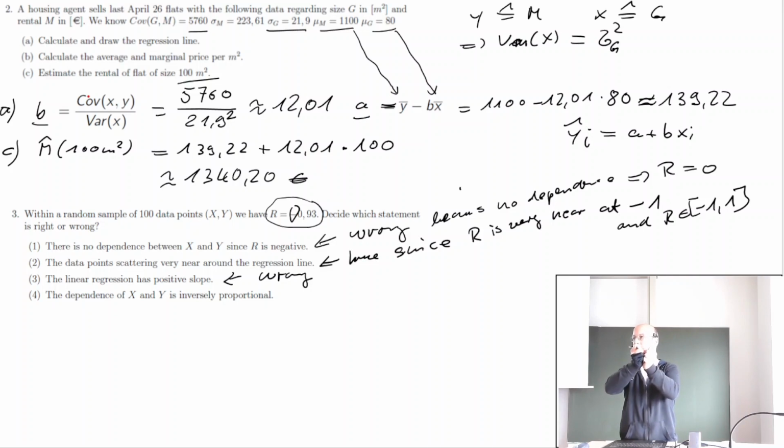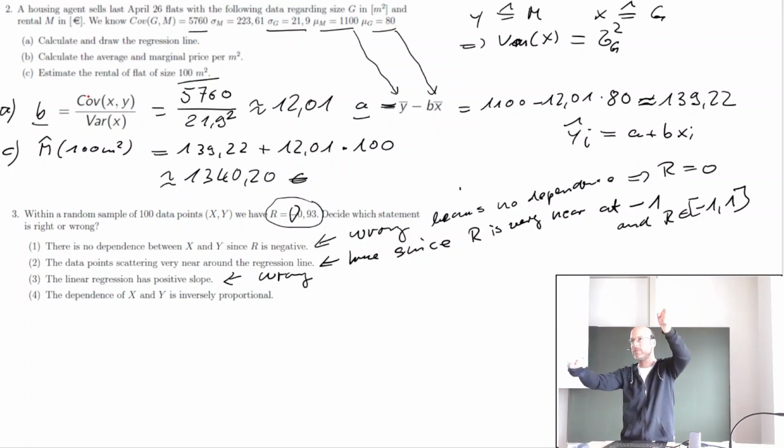The first estimation of our data points is, well, we look at the scattering about the mean. This is just the horizontal line. And then with our regression, we move this horizontal line maybe to the left or upward sloping to the right.